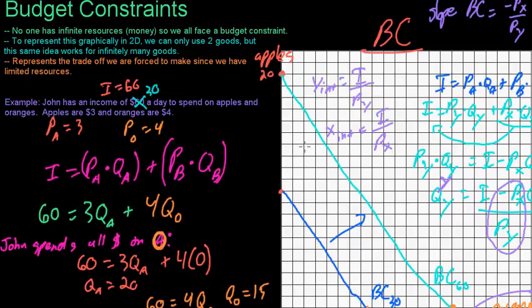Let's say that apples now get more expensive. So let's say apples also go to, I need a different color here. So let's say apples now also go to $4. Well, if apples go to $4, then we know that they are going to have the exact same intercept as oranges because we already found that out.